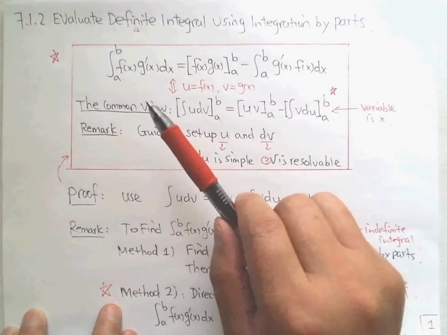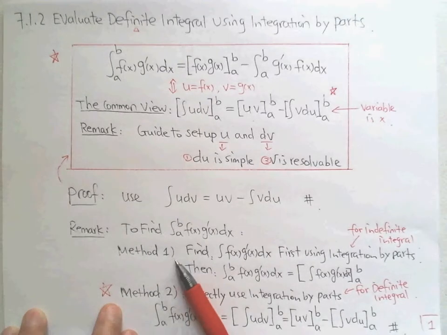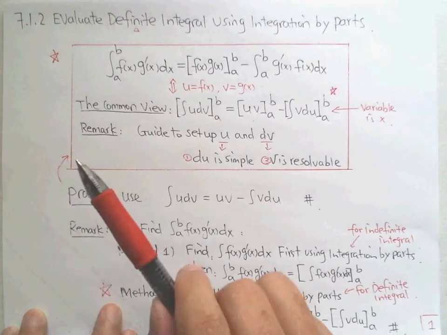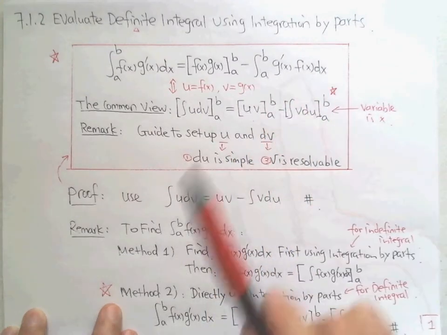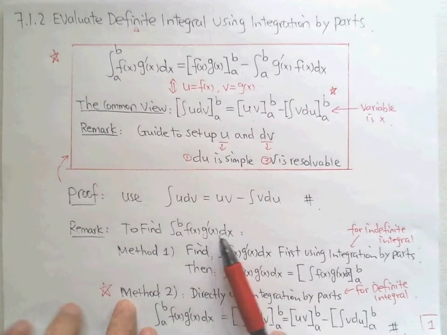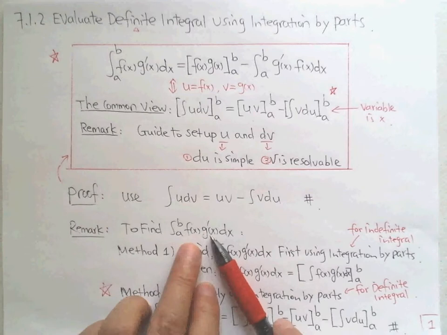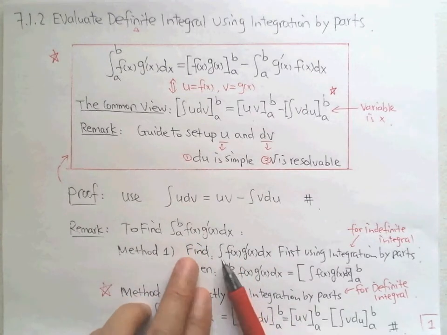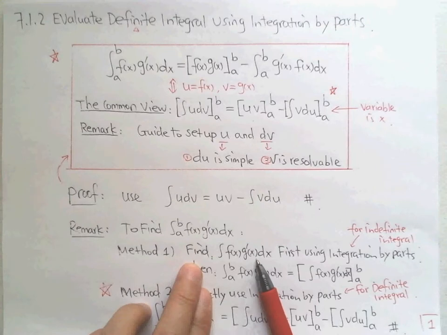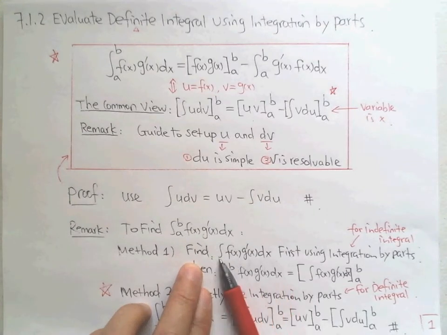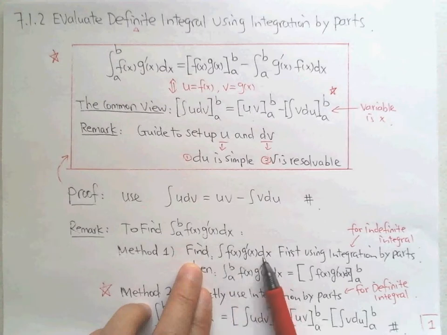The first method is you can directly use the indefinite integral with integration by parts to find the antiderivative. Can we? Yes, we can. The last topic we did, right?